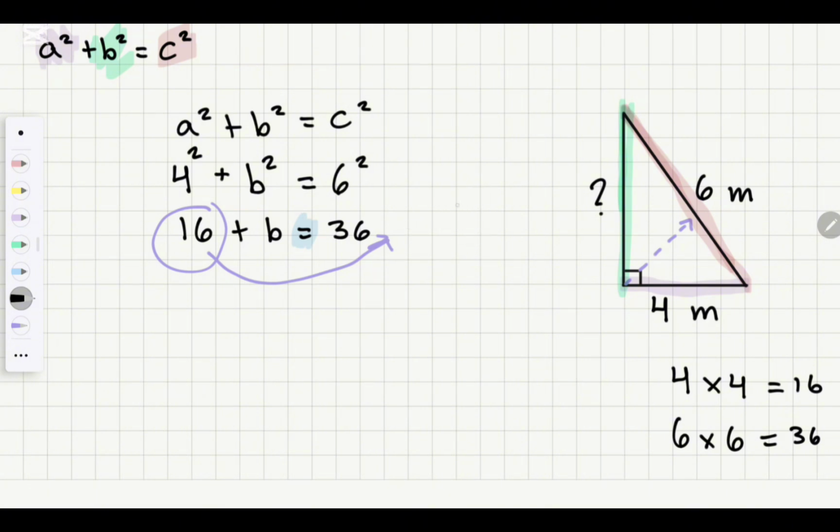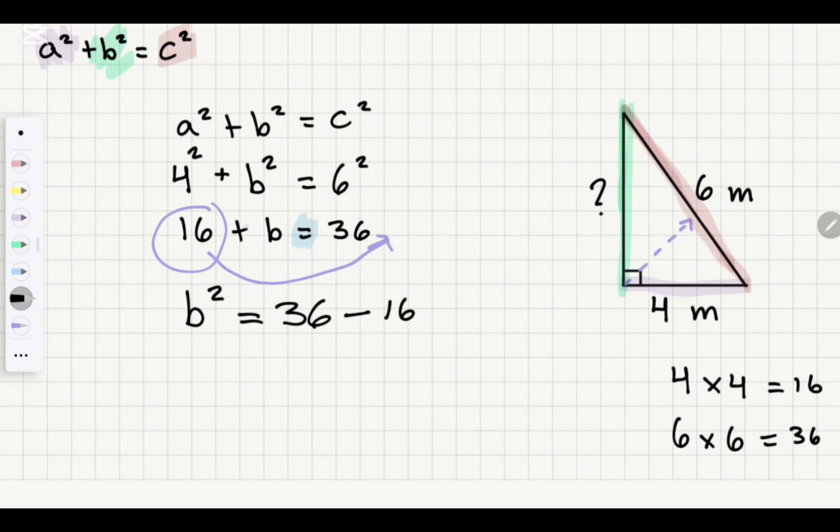Okay, so I'm going to rewrite that over here. So we're going to have b squared equals 36 minus 16. Because again, our 16 was positive, it crossed the equal sign and turned negative.